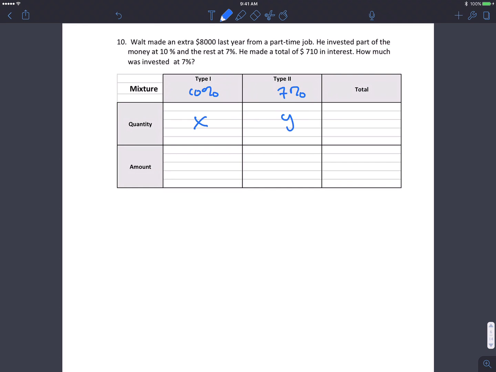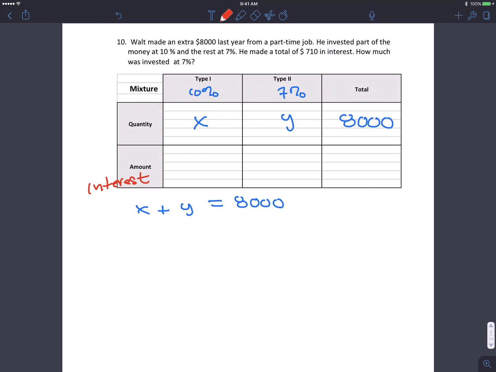What we know is that if we add these two values in terms of quantity, we'll have $8,000. So the sum of the amount invested in account 1 plus the amount in account 2 represents $8,000. That's your quantity equation. Now the amount equation in this case is your interest. We don't have a lot of space here, so I'm going to try to write it this way. Interest.